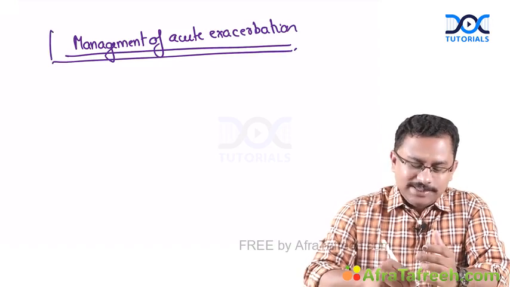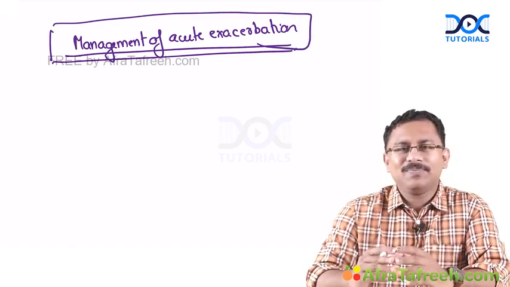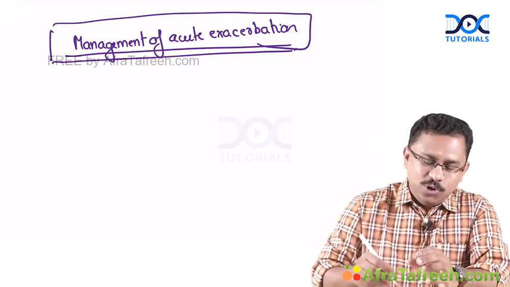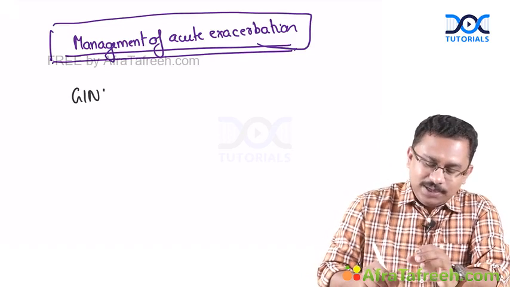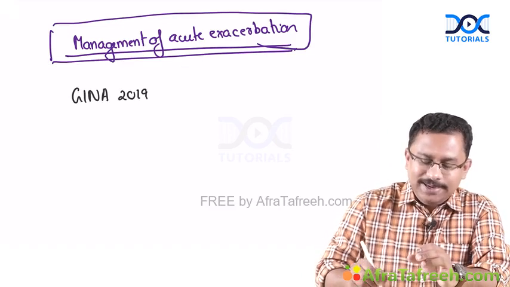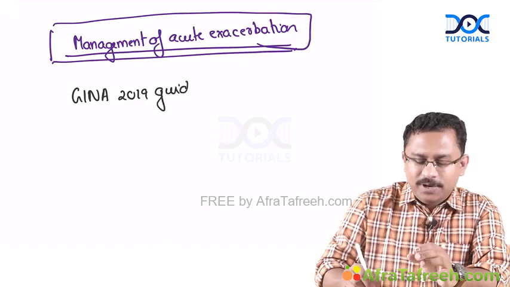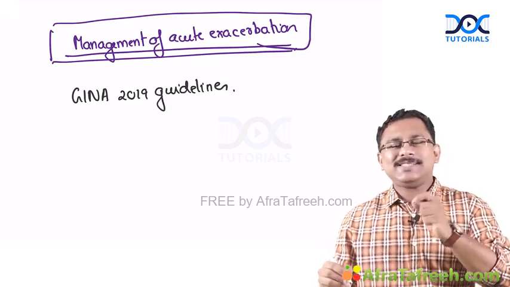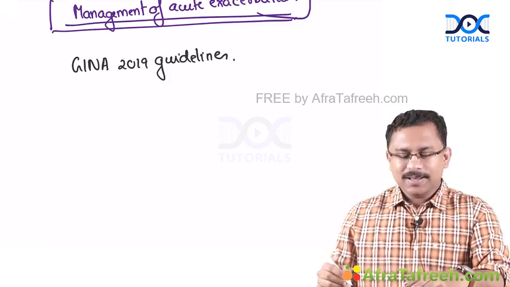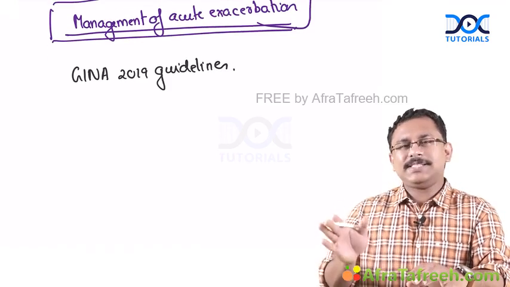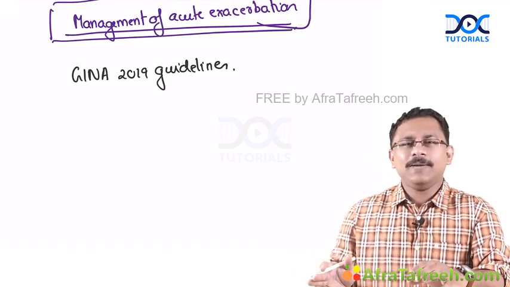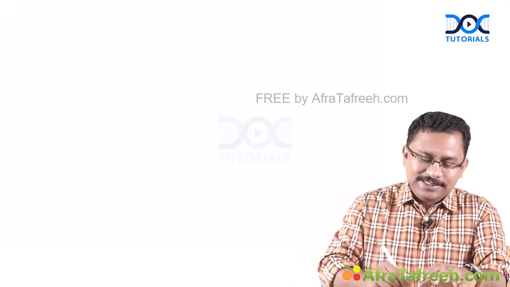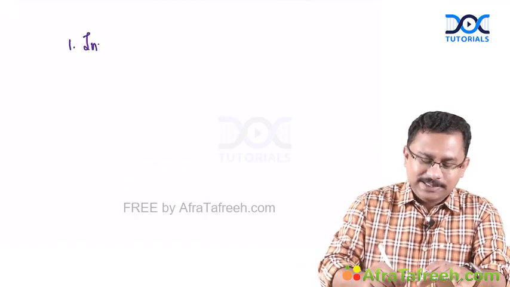See, acute exacerbation of bronchial asthma truly is going to be an emergency. And here you have the GINA 2019 guidelines for the management of bronchial asthma exacerbation. So what does the guideline tell us? When a patient is brought to the emergency with an acute asthma exacerbation, the first step is the initial assessment.